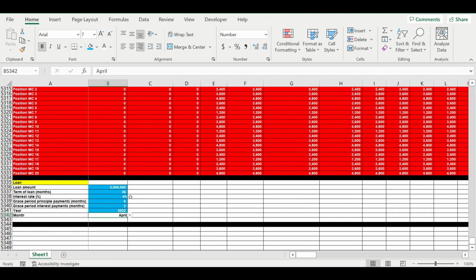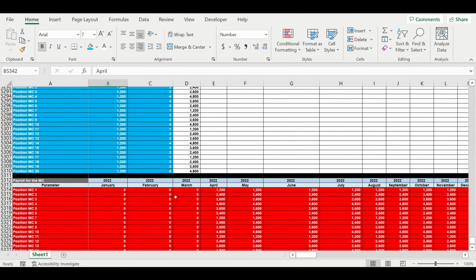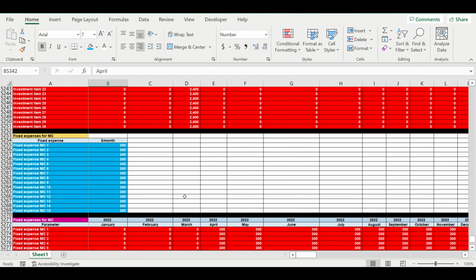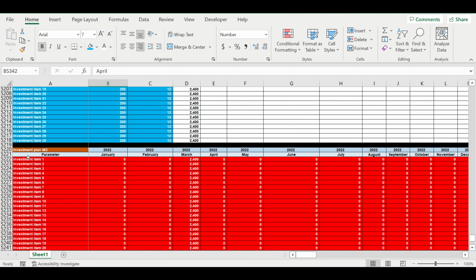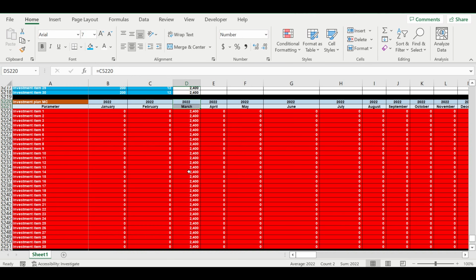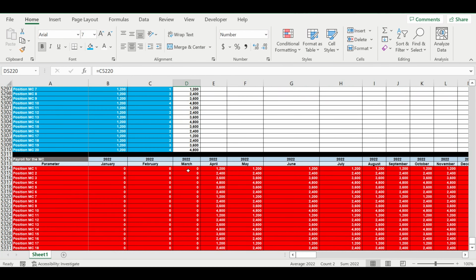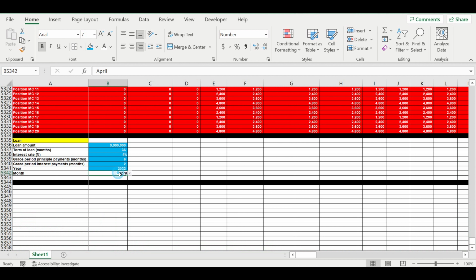For example, we have an investment plan for the management company starting in March 2022, and we can create formulas for linking this loan to March 2022.